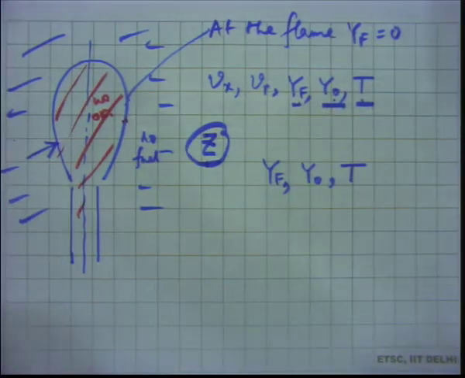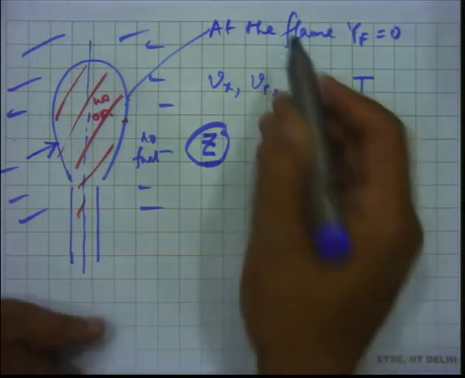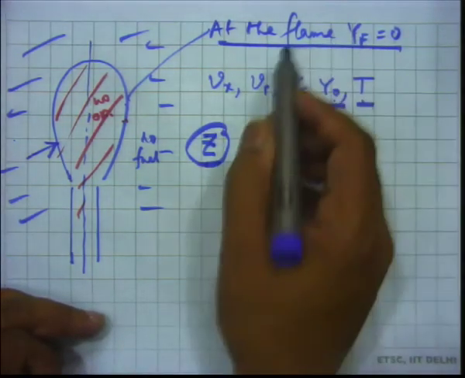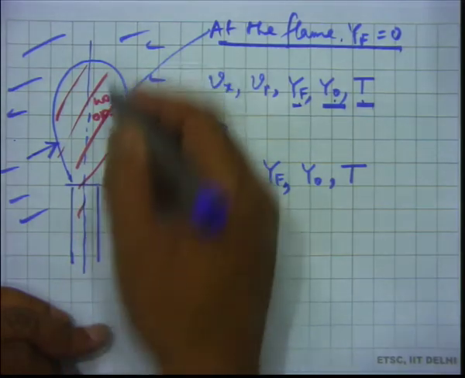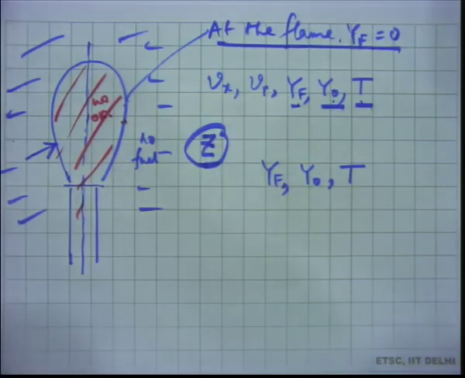Well, that is fine, isn't it? Because that is infinitely fast chemistry. So, we are solving fuel equation subject to this boundary condition as well as some boundary condition here, some boundary condition on the center line. That sounds fine, but there would have been a difficulty. The difficulty is that we would not have known where the flame is.